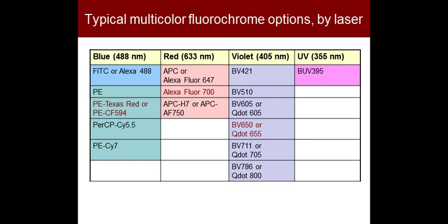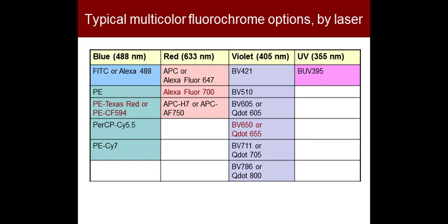So in other words, if we look at the red laser, I would prefer to use APC or Alexa Fluor 647, and then APC H7 or APC Alexa Fluor 750 before I turn to Alexa Fluor 700. And that's because Alexa Fluor 700 is dimmer, and it sits between the other two in its emission, so it's going to introduce a bit more spillover.